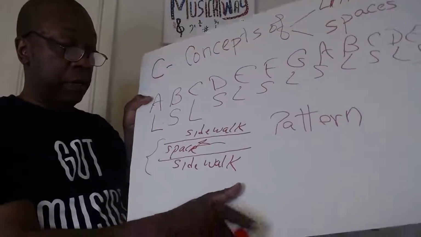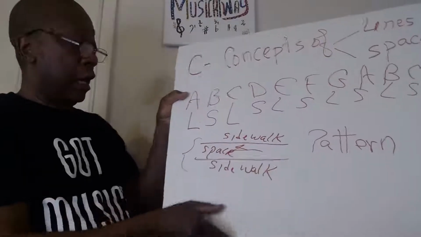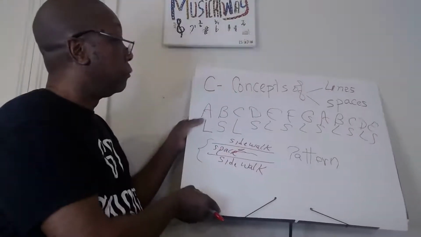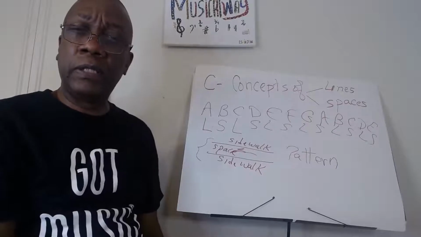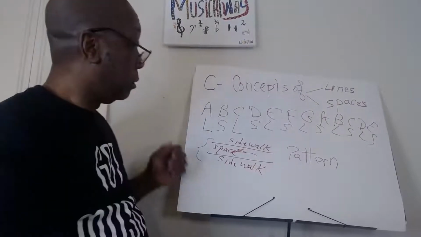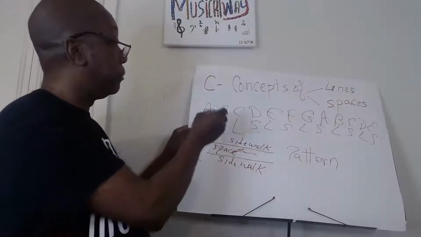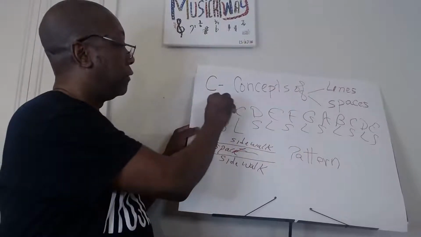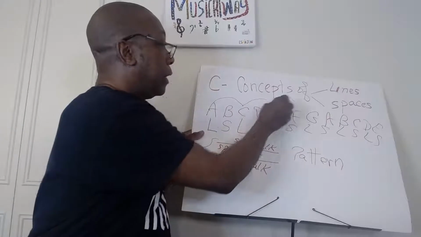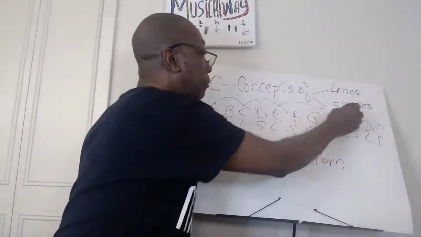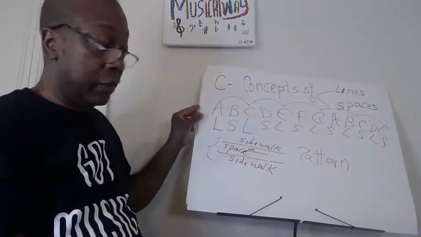And the crossing part is a space. So we got that. Now, what happens if I want to isolate the lines only? Then it becomes easy. I have to jump over the space. And then I get all the lines. Great. This is the concept of the lines.